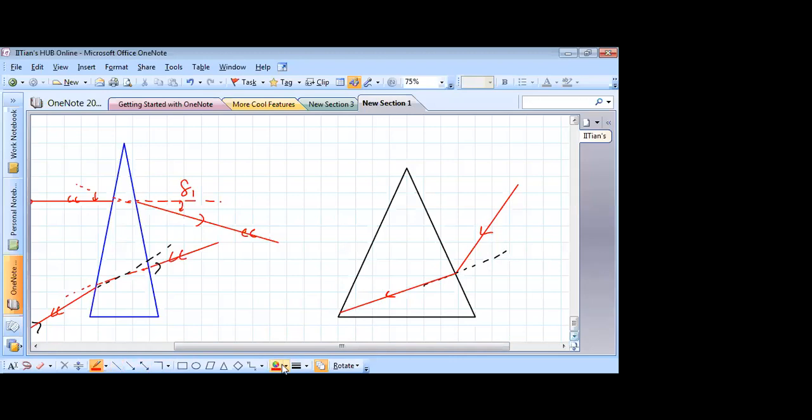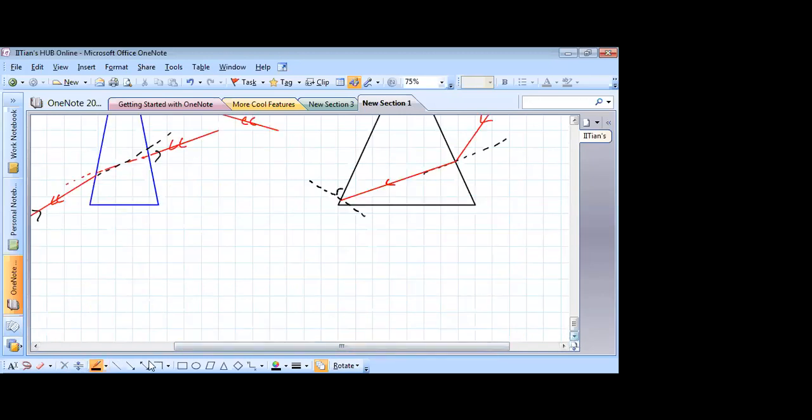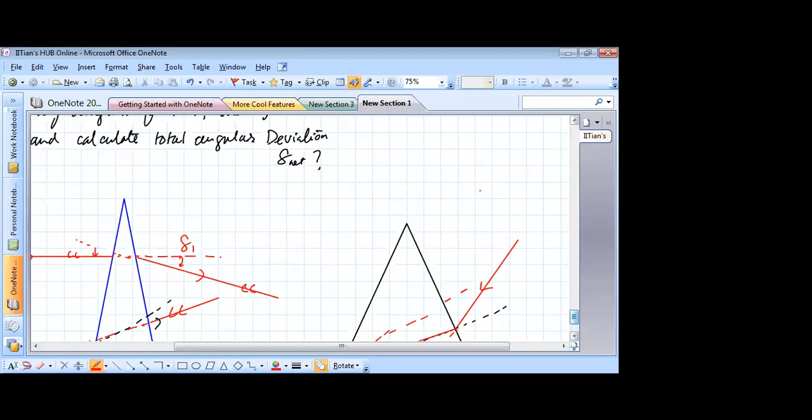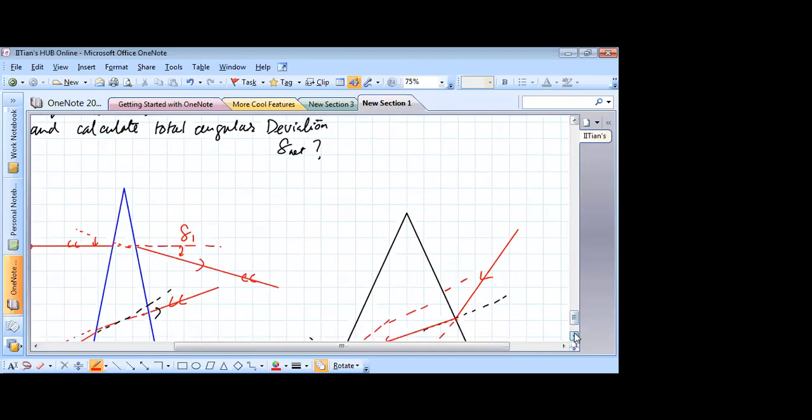And now here it should bend away from the normal. It should come out something like this. Let's make a better diagram and try to understand this.